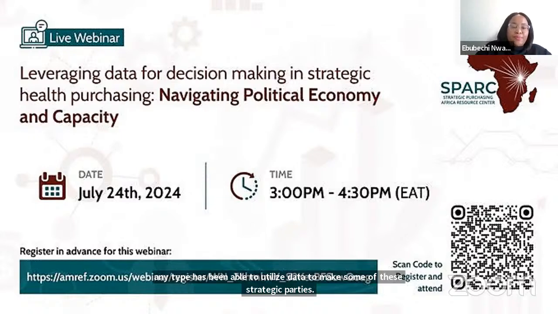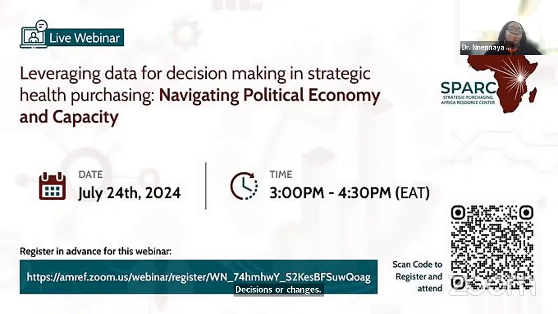Over to you. Yeah, thank you so much, Ebube. So definitely NHIA has been able to use data to make some of the strategic purchasing decisions. As a strategic purchaser, we wear many hats: a big regulator, promoter, integrator, strategic purchaser as well.